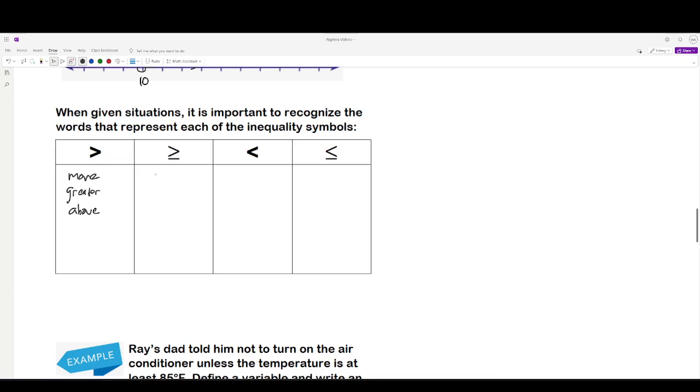Greater than or equal to could be things like at least. If I need $100 to buy something and I have at least $100, then I have enough. So words like at least represent greater than or equal to, and then no less than. That's kind of the opposite of this one, which is less than.